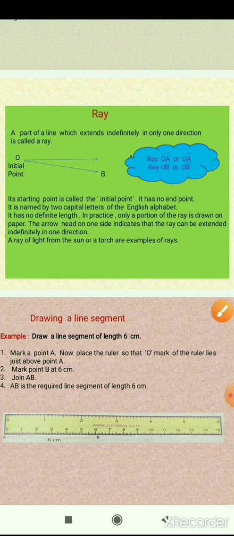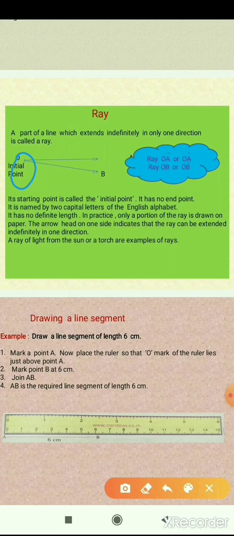Here we have shown in the cloud how to read the ray. As I just told, its starting point is called the initial point, it has no end point, and it is named by two capital letters of the English alphabet. Here also we can use any English letters A to Z. Also it has no definite length because it can be extended indefinitely in one direction.